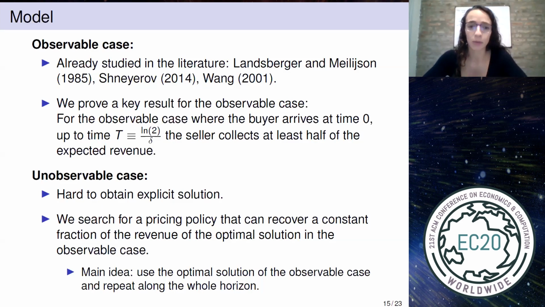About the unobservable case, the unobservable problem is harder not only to solve, but also to model in general, and then it's hard to obtain an explicit solution. However, we want to bound the value of observability, and to do that, it's enough to search for a price policy that allows us to obtain a constant fraction of the total revenue obtained in the observable case.